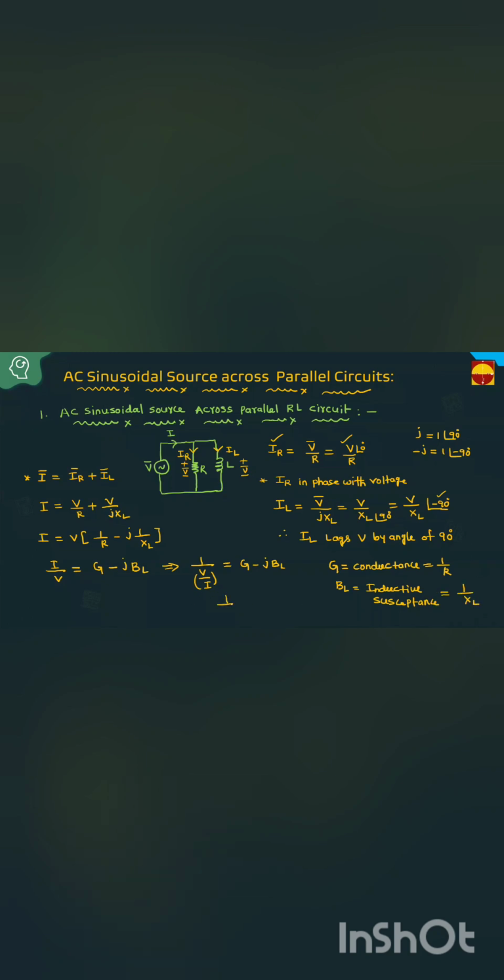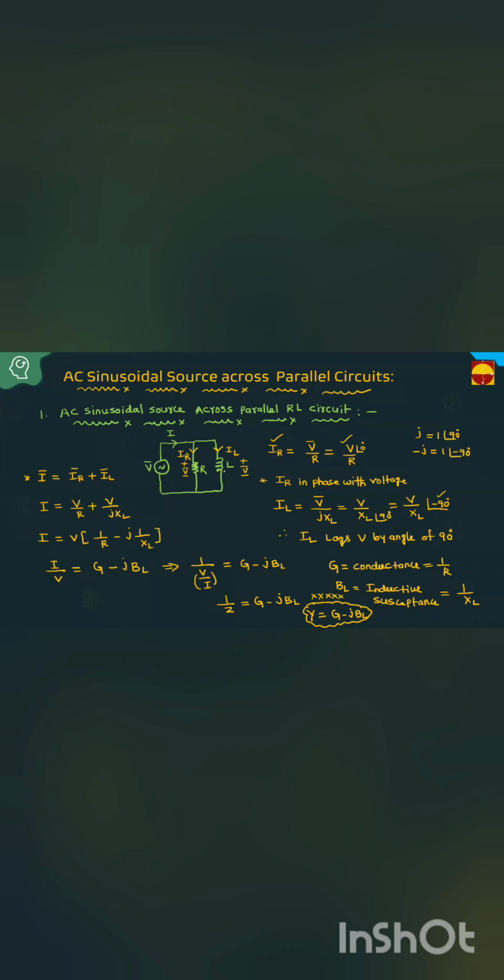This V by I is Z, that is 1 by Z equals G minus jBL. This 1 by impedance is taken as admittance. The definitions of impedance, admittance, susceptance, reactance are already given. For series branches, we generally write impedance. For parallel branches, we write the admittance. Then Y equals G minus jBL. These are the observations from the circuit.